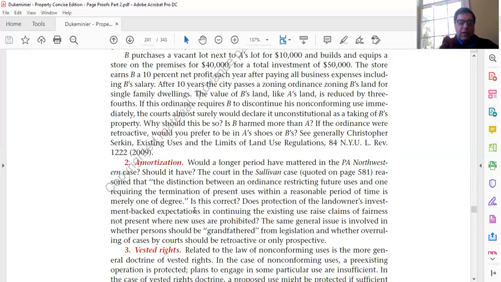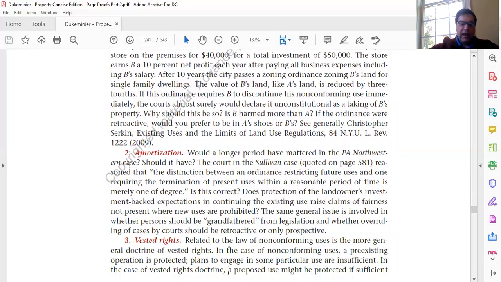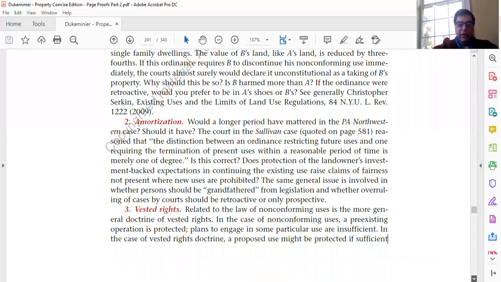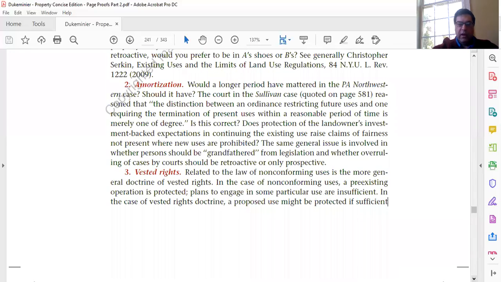So, third question, or the third note after the case, has to do with the doctrine of vested rights. If we say that non-conforming uses are protected against zoning authorities, that the non-conforming use can't simply be forced to stop immediately, then you have to decide which uses of property have become non-conforming uses.